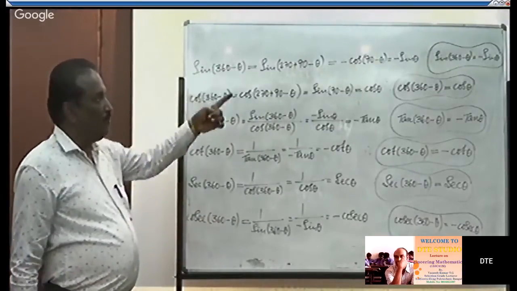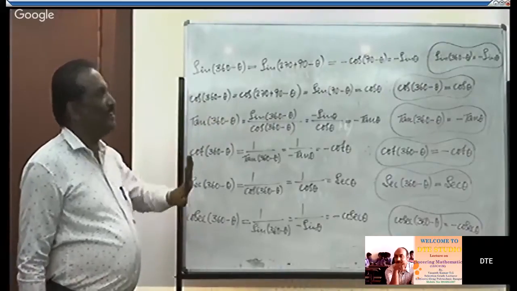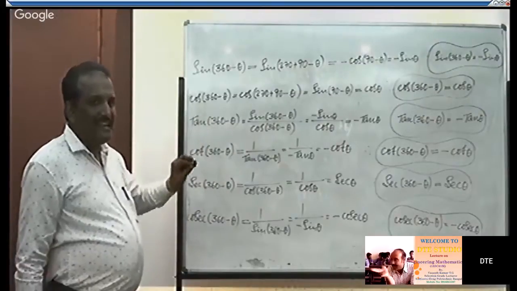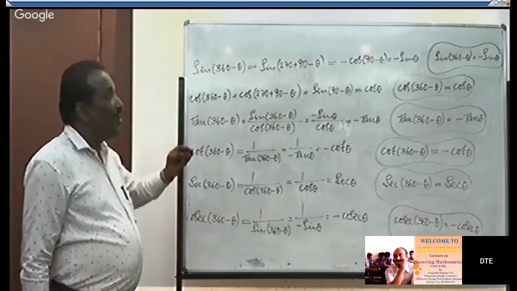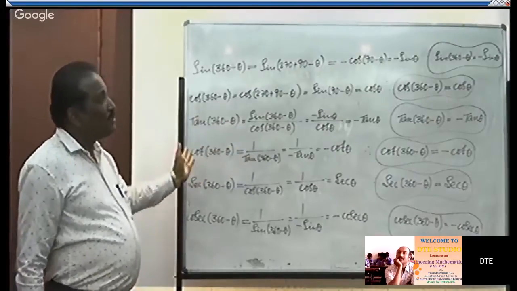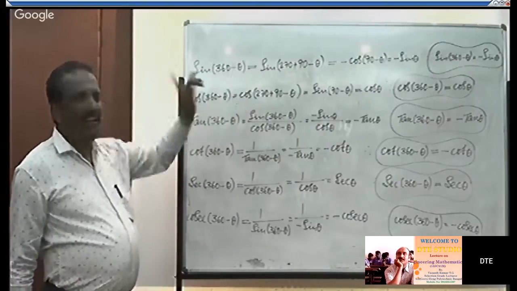So by observing all the 6 obtained results, the concept is very much clear. We are connecting all the 6 trigonometric functions for an angle 360 minus theta, and we are expressing the same on its right hand side only in terms of theta.